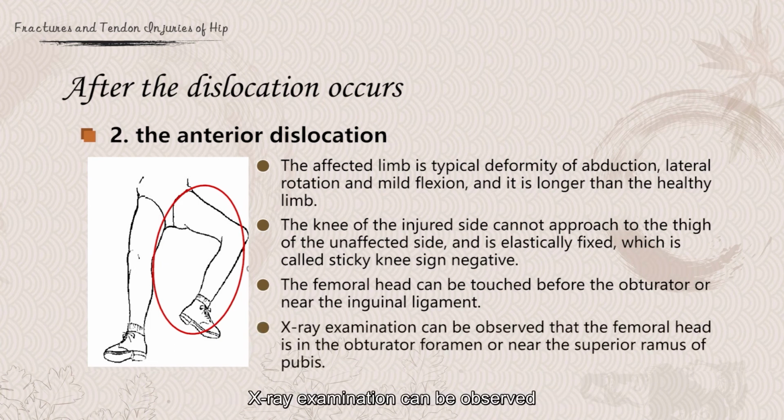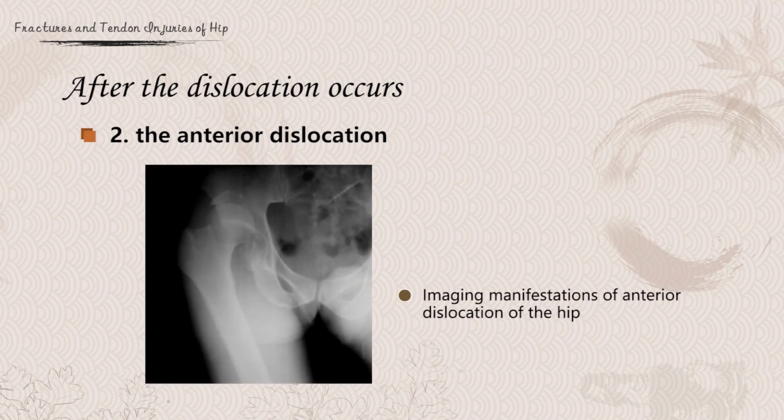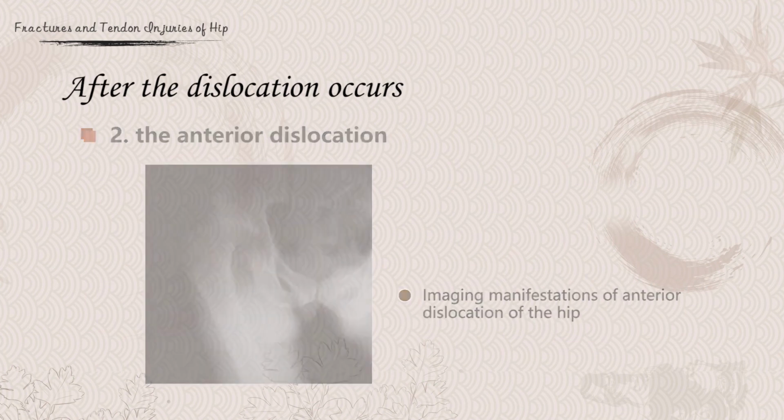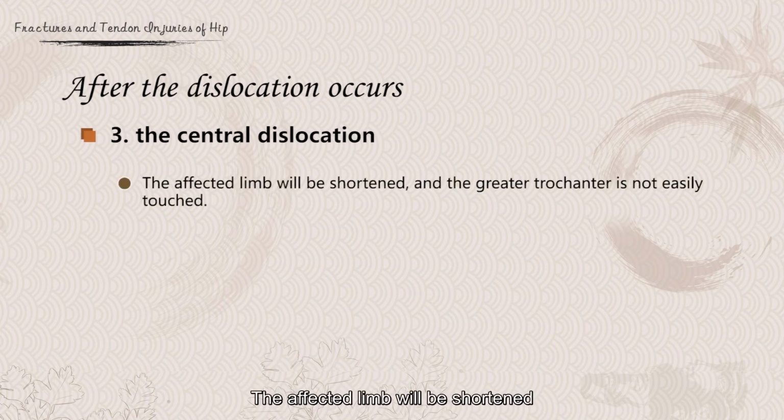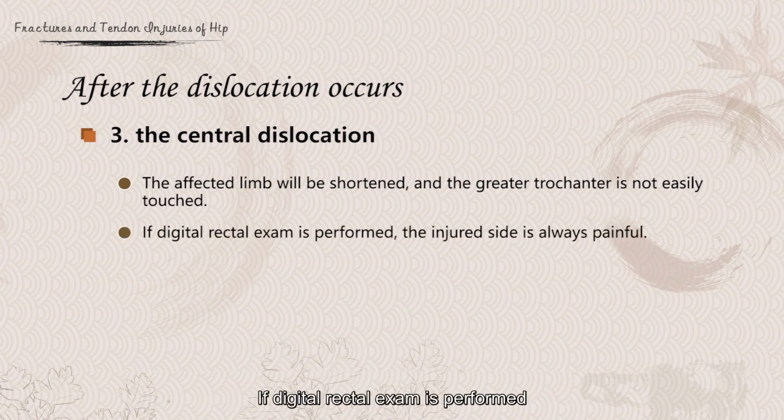X-ray examination shows the femoral head in the obturator foramen or near the superior ramus of the pubis. Thirdly, the central dislocation. The affected limb will be shortened and the greater trochanter is not readily touched. If a digital rectal exam is performed, the injured side is always painful.